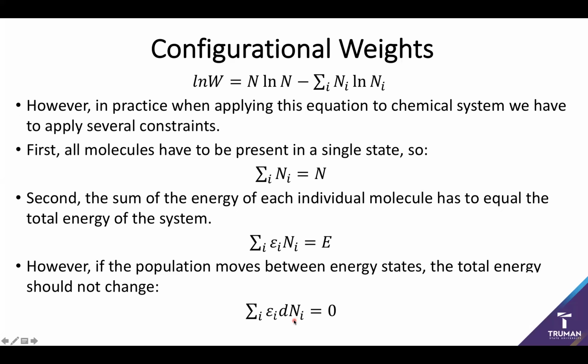So for example, if I have one particle that goes up in energy, another one would have to go down. If one particle goes way up in energy, another one would have to go way down, or several ones would have to go slightly down just to keep this energy balance. And so these constraints are going to really limit what are going to be the most common configurations. They're really going to dominate our system.